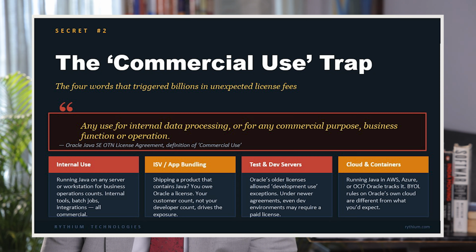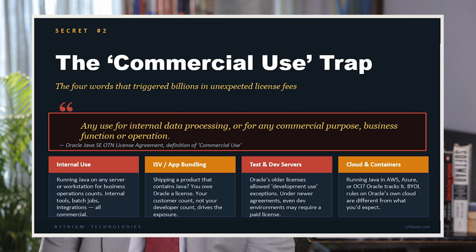Because Oracle's lawyers have read them very carefully. Read the definition on the slide. Under that definition, running a batch job on a server counts. A developer laptop running tests counts.